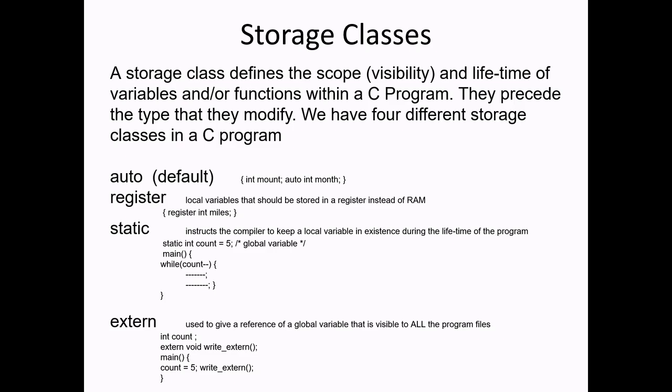So the four types we have are auto, which is the default. It is implied whenever you declare a variable, like int amount over here. Technically, you can do auto int month, but I have never seen that done. Register, another one that's pretty rarely used, but it says that a variable should not be loaded into RAM. It should instead be held in a CPU register.